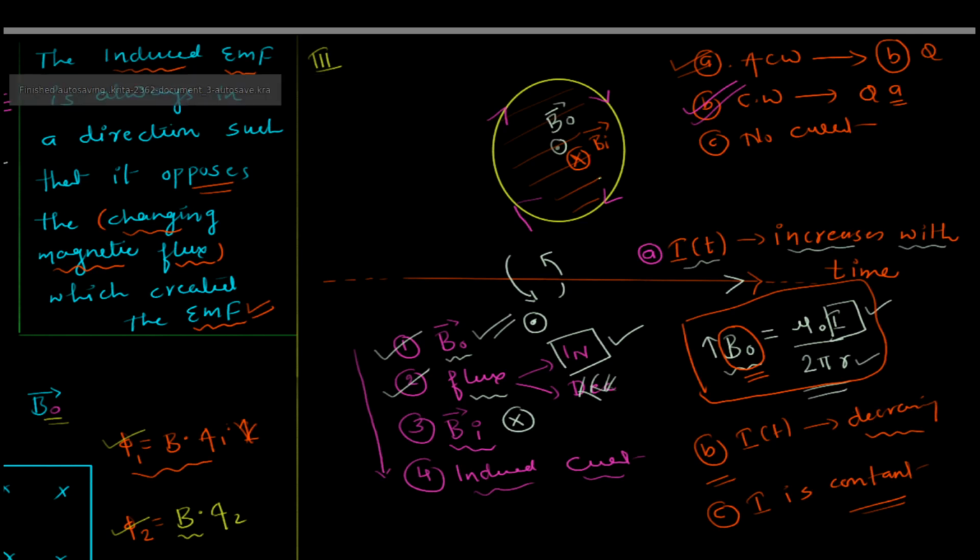So how will the flux change? Flux is not going to change if the current is constant, right? And if the flux is not changing, there is no question of induced EMF, and therefore there will be no current. So for part C, if the current in this wire is constant, then there will be no current in the loop. So this is the answer for question C.